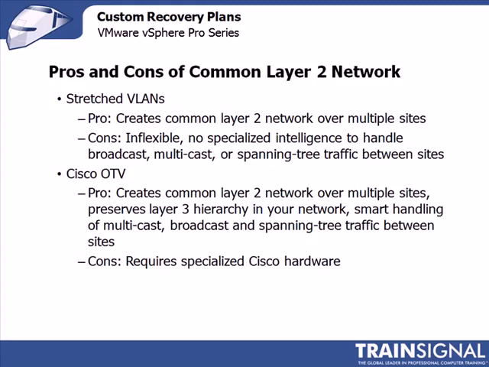There are some cons with doing a layer 2 network with stretched VLANs. It's inflexible in that it can be a little bit hard to configure for multiple sites, and it's really not built for this type of purpose for SRM. But there's also no specialized intelligence to handle broadcast, multicast, or spanning tree traffic between sites.